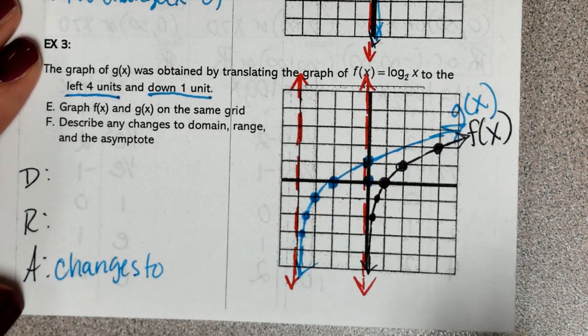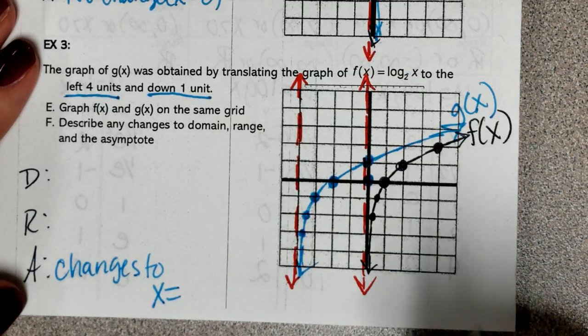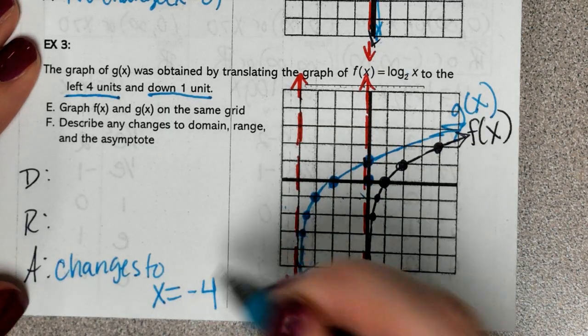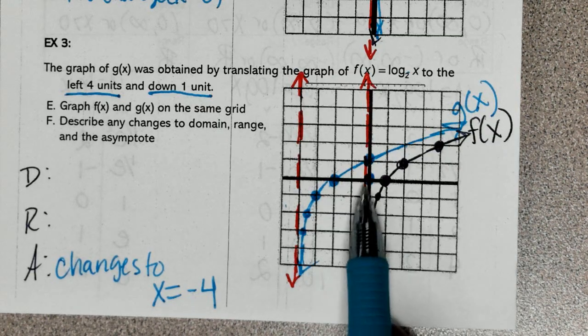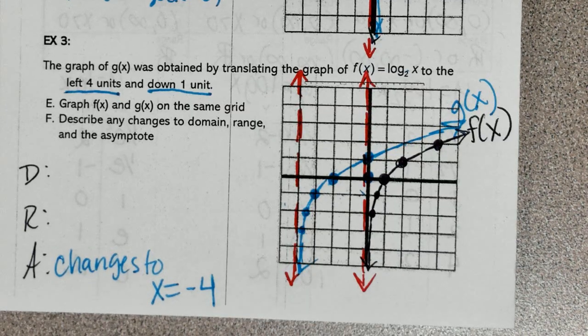Changes to x equals, not x equals 0, but x equals -4. Right? Because here, go left 4. 1, 2, 3, 4. Here it is.